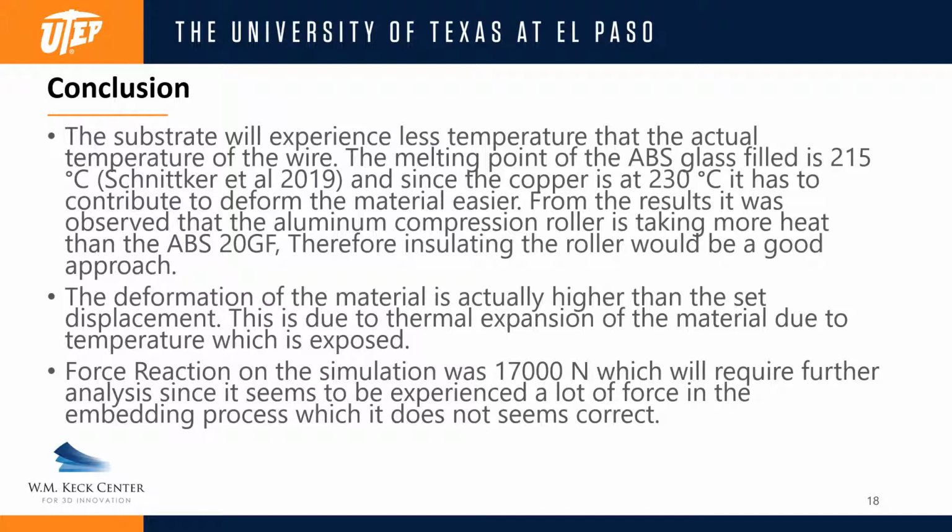The deformation of the material is actually higher than the set displacement, and I assume this is due to the thermal expansion of the material due to temperature, which the copper wire has and then transfers to the substrate. So that helps a lot.